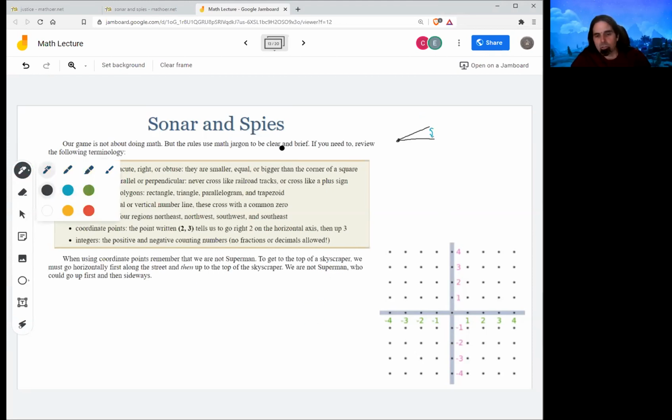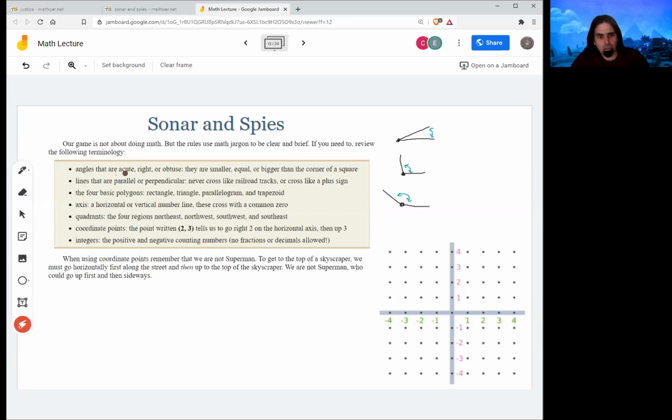A corner of a square is called a right angle. And angles could be smaller, or angles could be bigger, like the crocodile that's overextending and opening its mouth. So what was our fancy jargon for these? Which one is which?